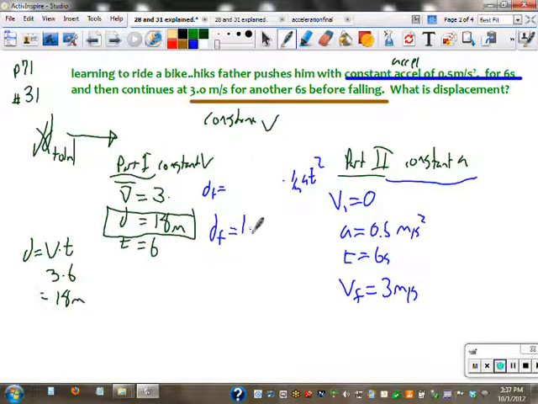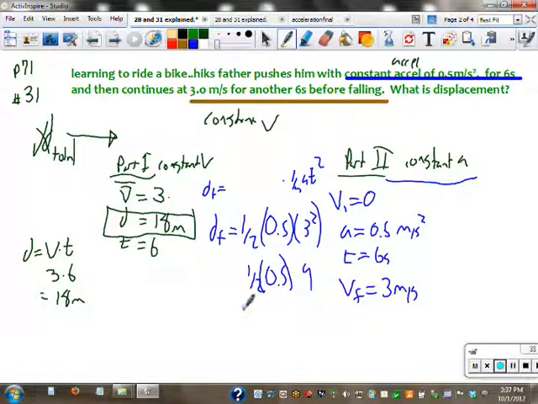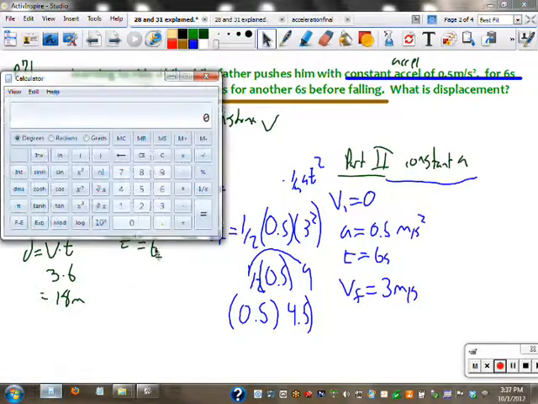Distance final equals 0.5 times 3 squared, 0.5 times 9, 0.5, combine these 2, times 4.5. Calculator, 0.5 times 4.5 equals 2.25.